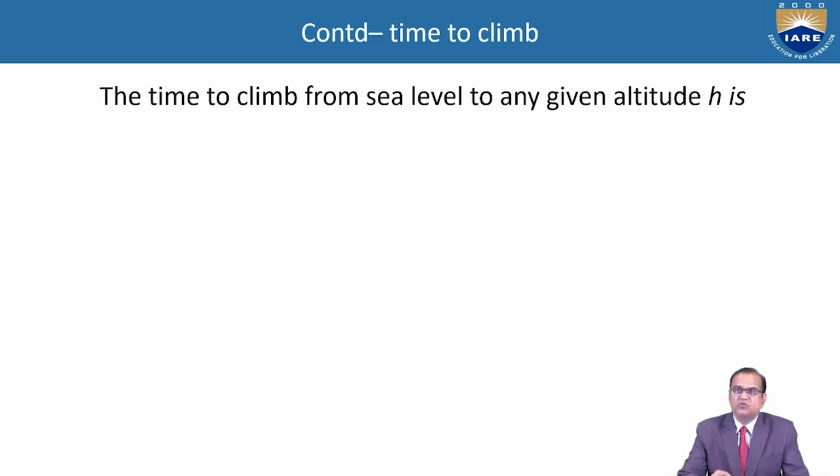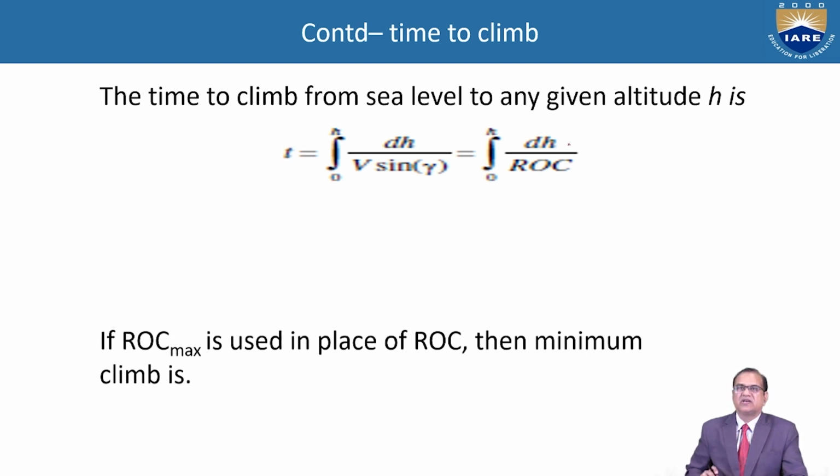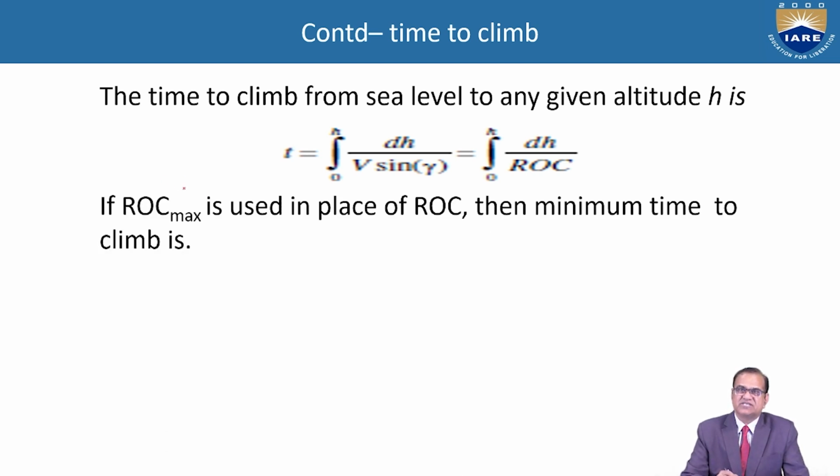The time to climb from sea level, which is 0, to any given altitude h is the integral from 0 to h of dh by rate of climb. If the maximum rate of climb is used, then time t will be minimum.